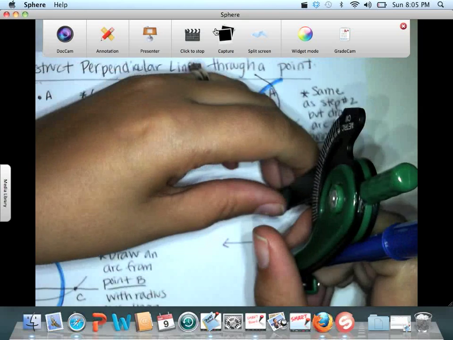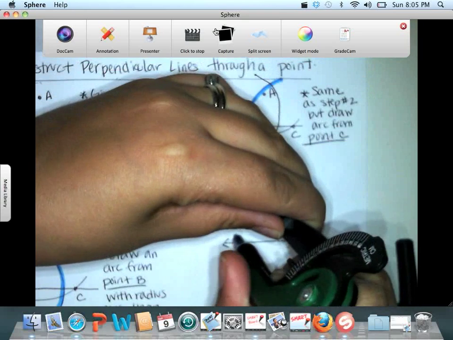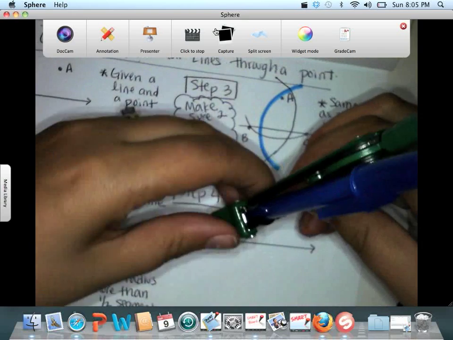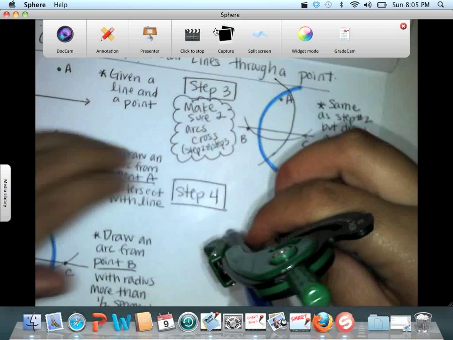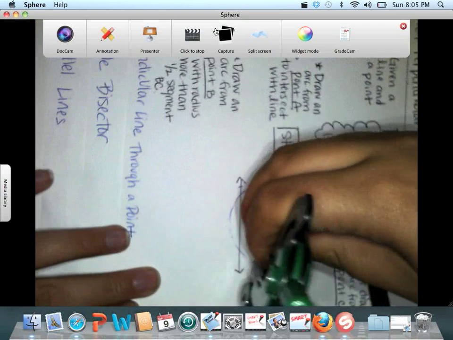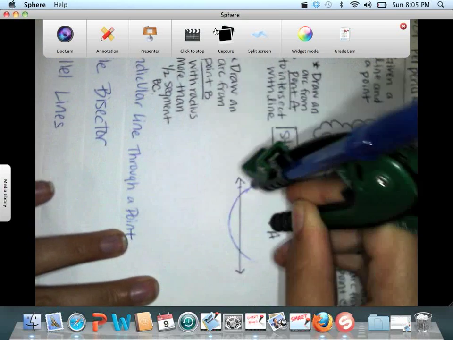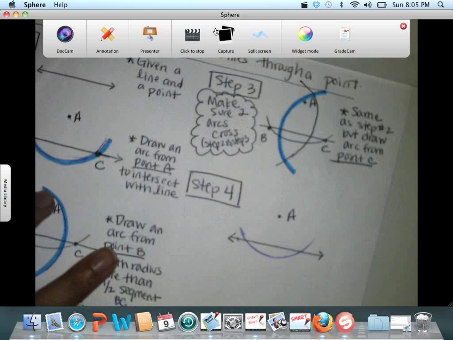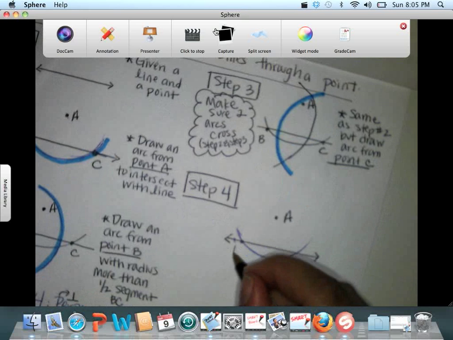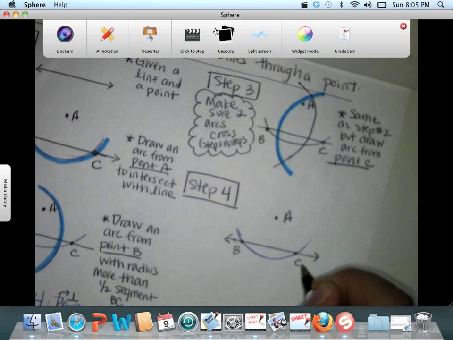The first thing we did was draw an arc from point A. Okay, so there was my step 1. Okay, that created B and C.